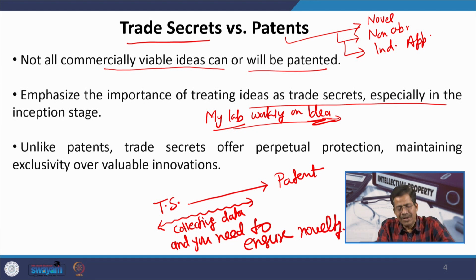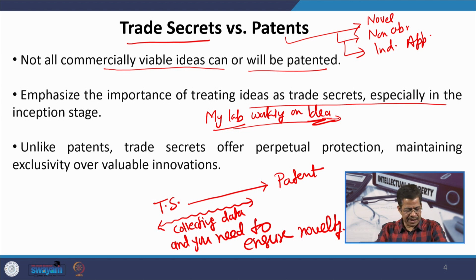Otherwise, your own idea may become prior art. So, once you have enough data, you have protected the novelty also, then you can go to the patent office and submit your application for grant of the patent. So, the trade secret which is in the inception stage, the initial stage, may become a patent in the later stage.